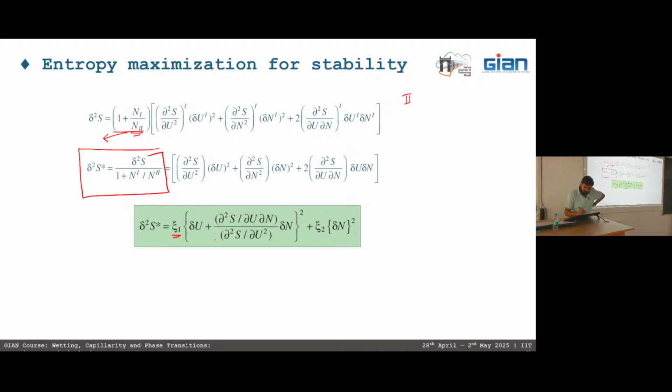So now the sign of this term is only dependent on the sign of psi 1 and psi 2. But what are these psi 1 and psi 2? Using simplification, we can write that psi 1 is del 2s by del u square, and psi 2 is equal to del 2s by del n square minus del 2s by del u del n whole square over del 2s by del u whole square.